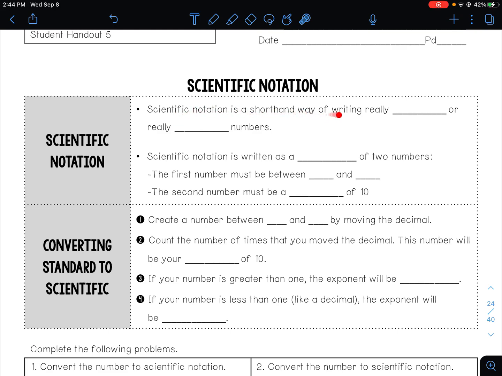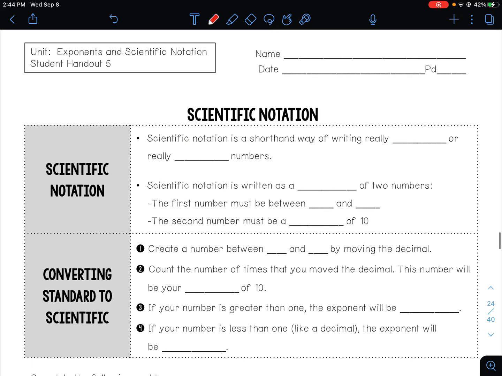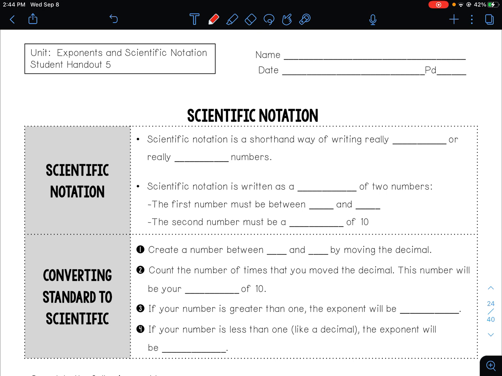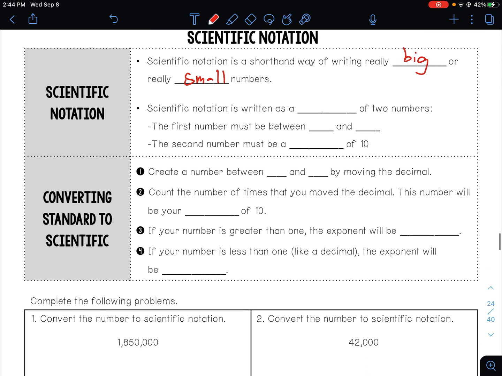Scientific notation is a shorthand way of writing really large and really small numbers. Very great and very tiny, I guess. Scientific notation is written as a product of two numbers. What's a product again?